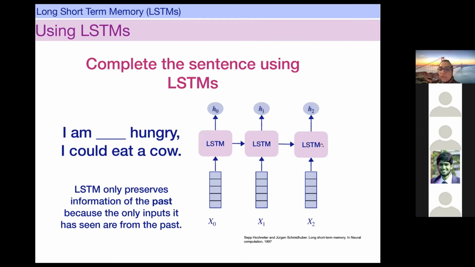So if you already process the third word and the fourth word, you're still going to look at the second word. Yes, I am producing the second word's output based on the third and fourth inputs as well, so that I have the future context.